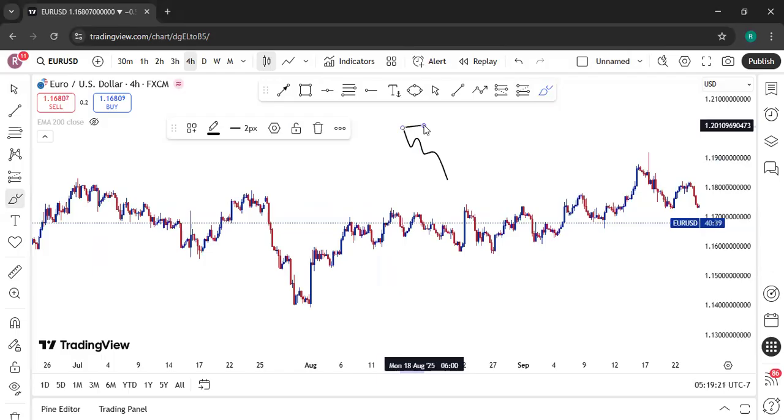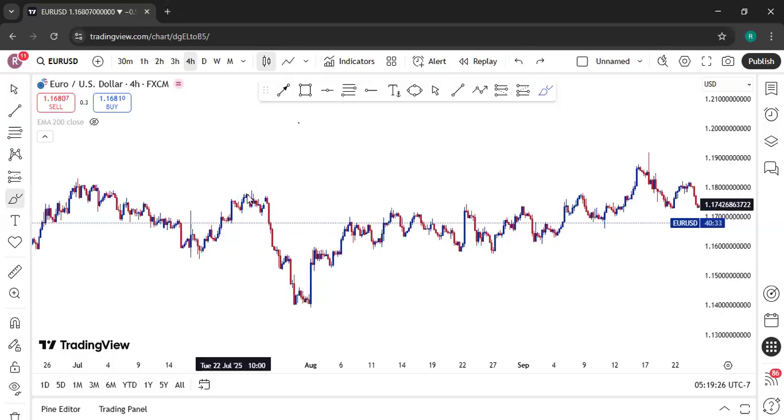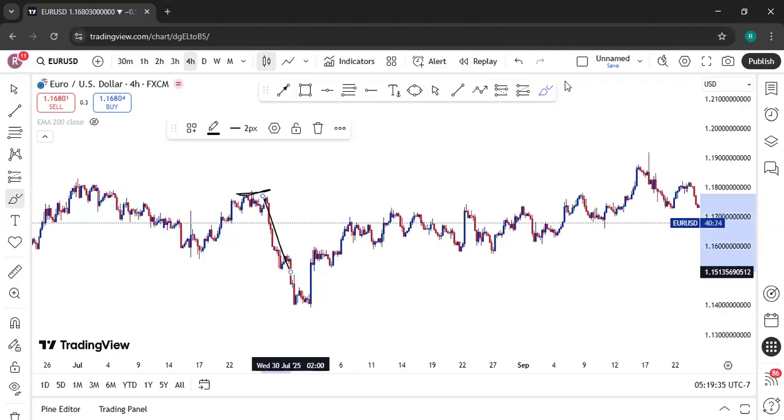Now, from looking at this chart, one of the obvious points I can already see is this level here. You can see that once price tapped into this level, we started to see it drop to the downside, right? So this is the first thing I like to do when identifying key levels of support or resistance.